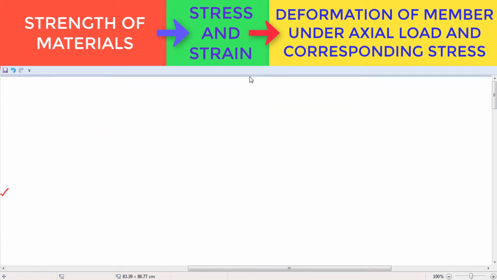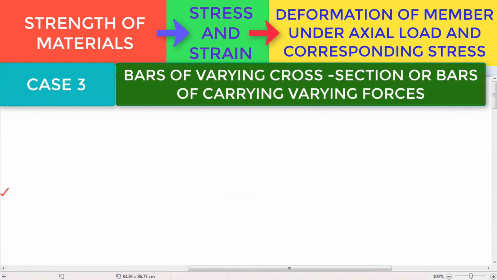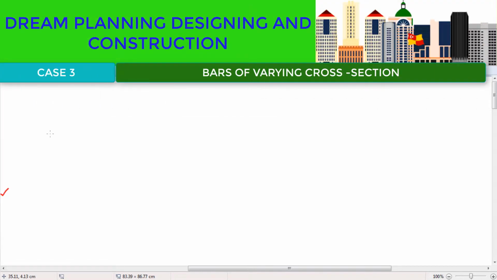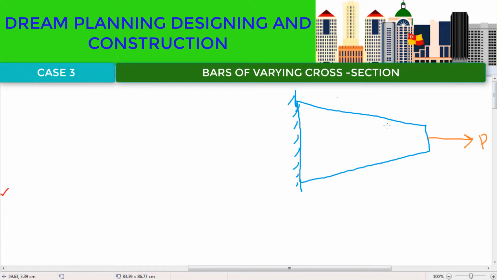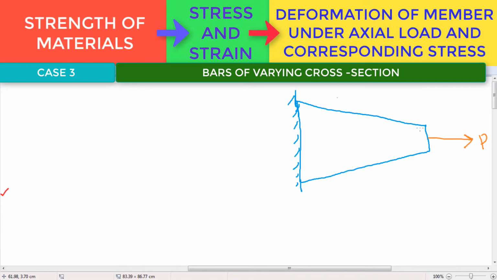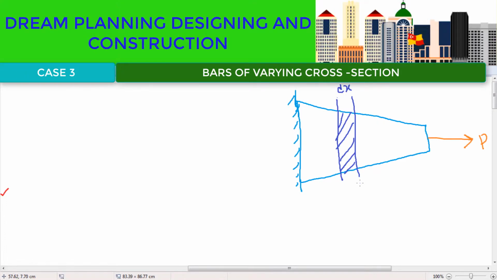Now we discuss case 3, that is bars of varying section or bars carrying varying forces. At first we discuss bars of varying section. The diagram is like this. From this diagram we see that the cross section is varying in each section. Here we consider a small strip of length dx at a distance x from the free end.